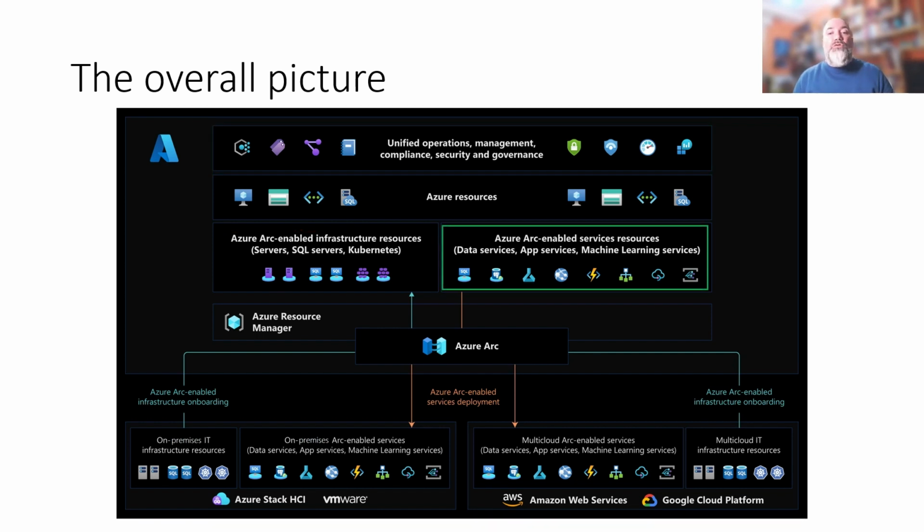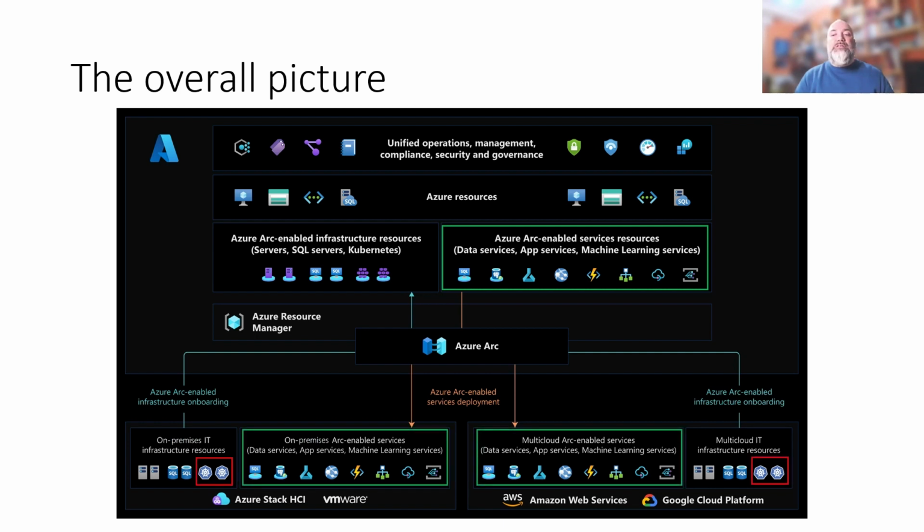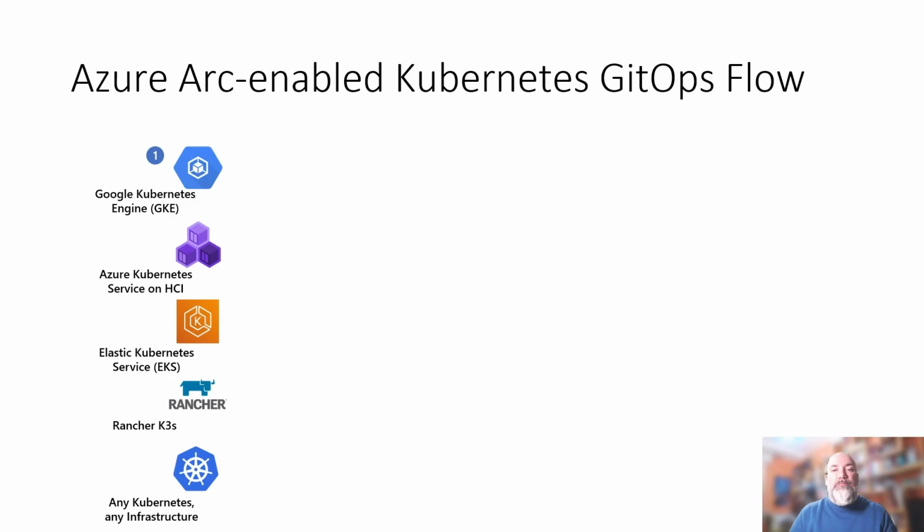Moreover, you can also deploy Azure Platform as a Service services like, for example, the Azure SQL Managed Instances, App Service, Machine Learning Service, and so on top of Kubernetes clusters that reside outside Azure. Another really interesting feature for Kubernetes is the ability to handle its configuration via a GitOps approach.